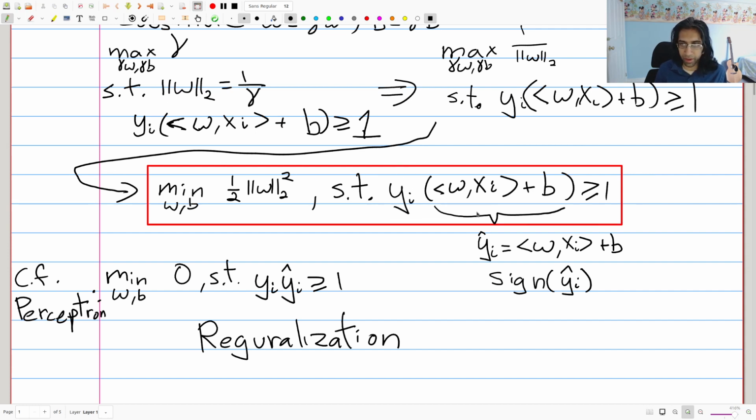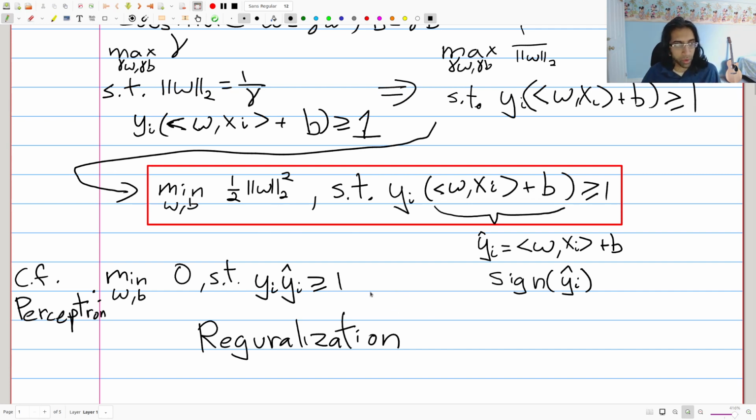And among the possible valid solutions, we pick the single one which has the minimum value of some parameter vector. So it's very much akin to how we did ridge regression, where you penalize based on the magnitude of the parameter vector. Good.